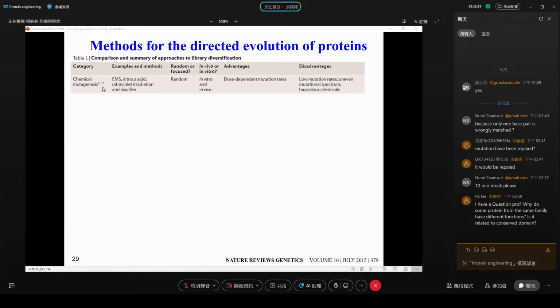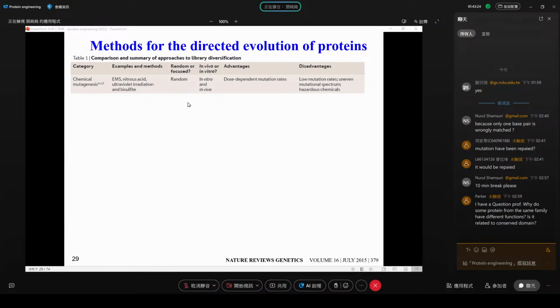But the problem is the mutation rate is very low, because all organisms have their own repair system. And all the chemicals have hot spots, so it will not be truly randomized mutagenesis. You will have an uneven mutation spectrum, such as EMS always preferring to generate a certain type of mutation, like point mutations that generate stop codons.